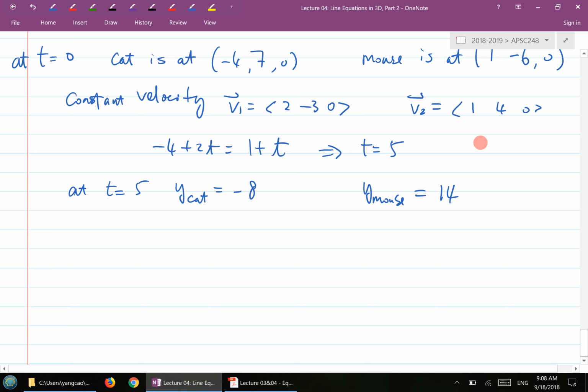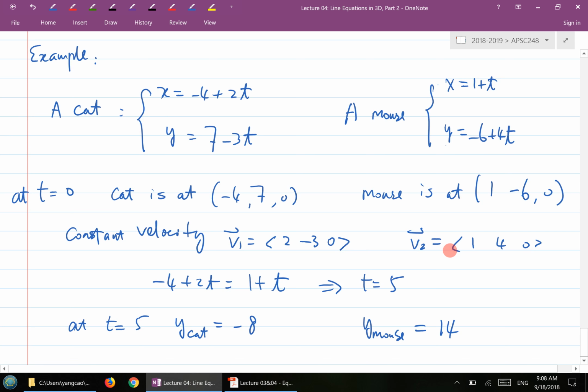So you go back to the equation here. What can the cat do in order to catch the mouse? Here is the equation, and it does have some flexibility for changing. What could you change? You can change its initial location.